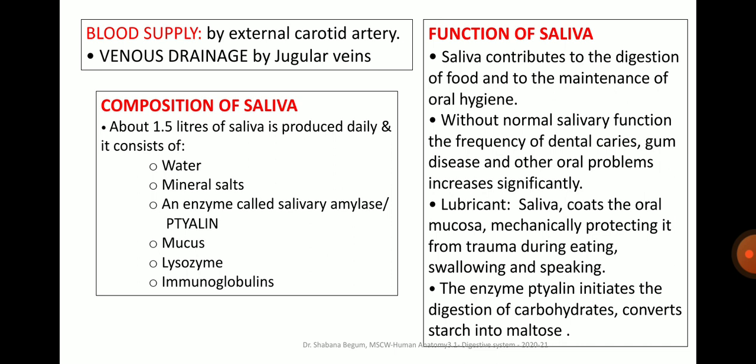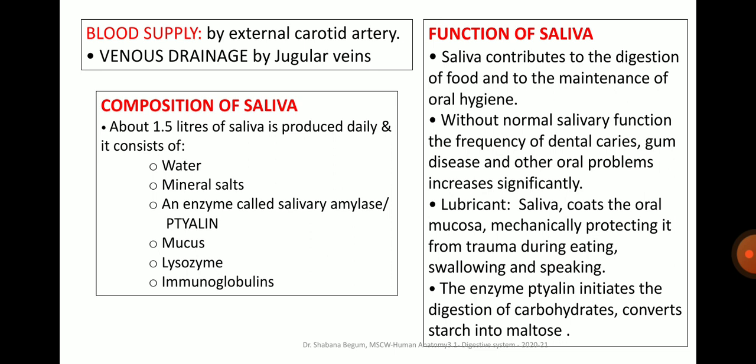Function of saliva is very important to note here. The saliva contributes to the digestion of food and to the maintenance of oral hygiene. That means it cleans the oral cavity almost. Without normal salivary function, the frequency of dental caries, gum disease, and other oral problems increases significantly. It acts as a lubricant.